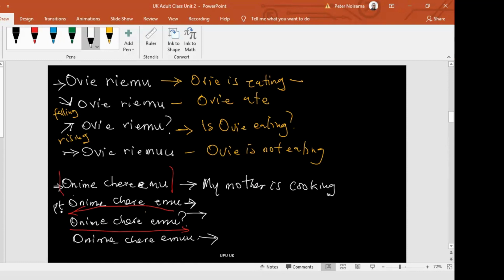Good. Yes, that one is easy for everybody now. So the third one and the fourth one. Good. So where we are having challenge now is the past tense.